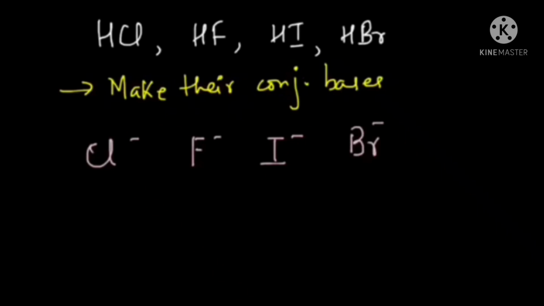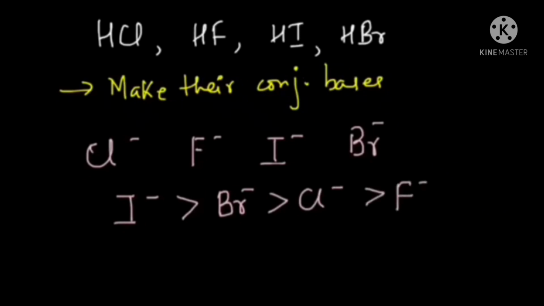Now we are going to arrange them in their stability order, and we know that down the group negative charge becomes more stable, therefore I minus is more stable than Br minus, which is more stable than Cl minus, which is more stable than F minus.